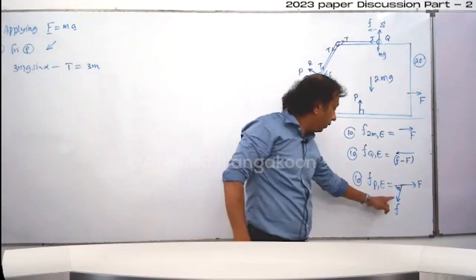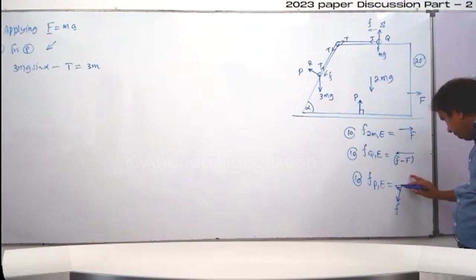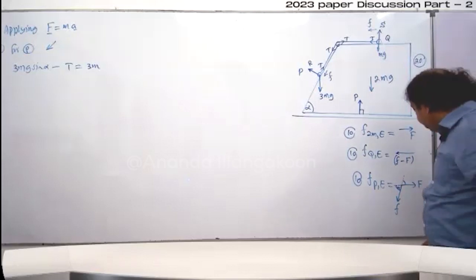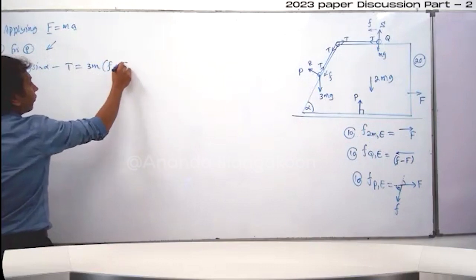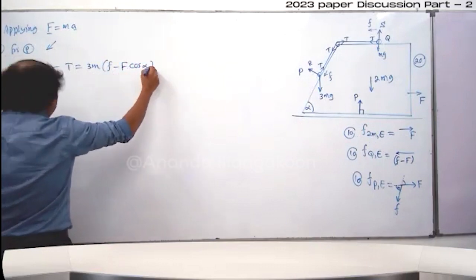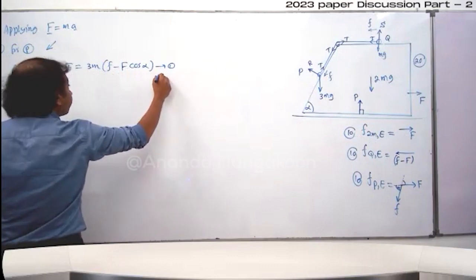What is that acceleration? We apply it relative to Earth only. Simple f minus capital F cos alpha. This is number 1. For this 10 marks given.